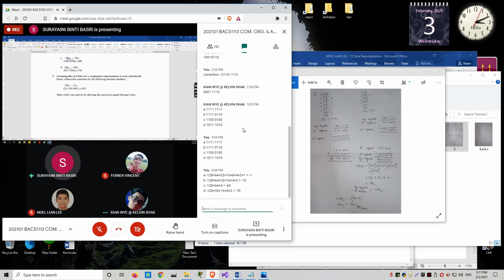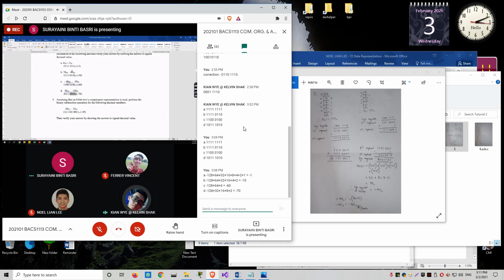Okay, so later I will show you guys. If you have the same answer, then okay. And later I will show the steps of how to get this lah. It is the same as the one above. The C also got overflow. Yeah, the C also got overflow. Here, this one is the overflow, right? No, C also got overflow.